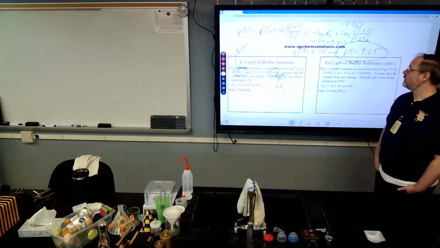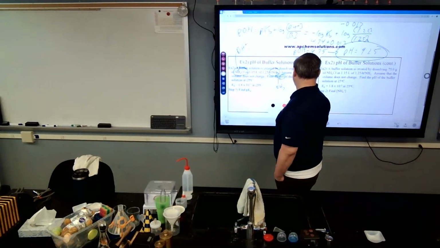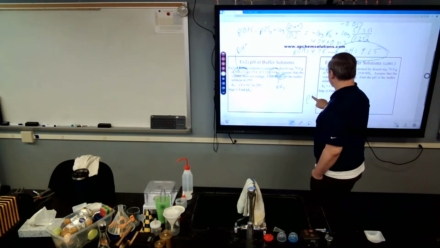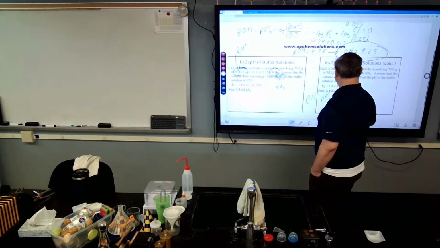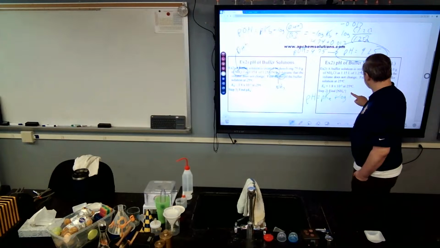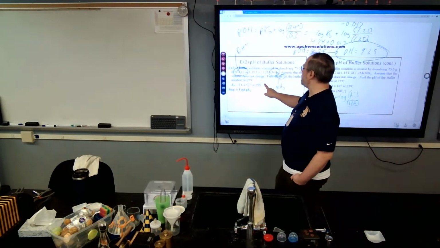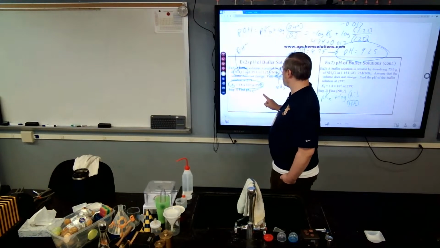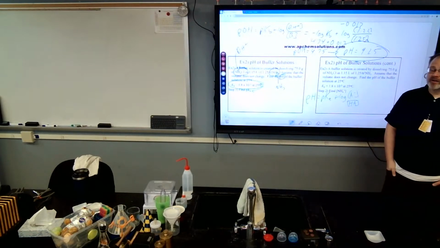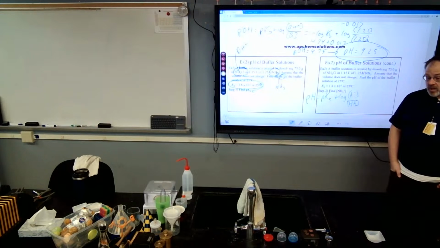Now, if we wanted to use the Henderson-Hasselbalch that's in the book, or on the formula chart, we go pH equals pKa plus the logarithm of A minus over HA. The reason I don't like to do this is because you have to take the Kb and first turn it into a pKa, which means you've got to divide 10 to the negative 14 by it, then take the negative logarithm of it.